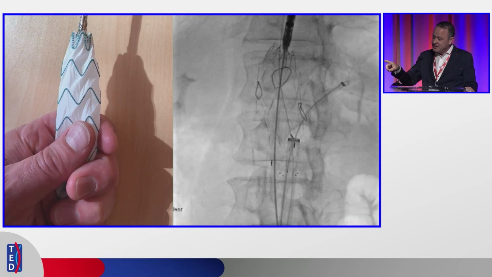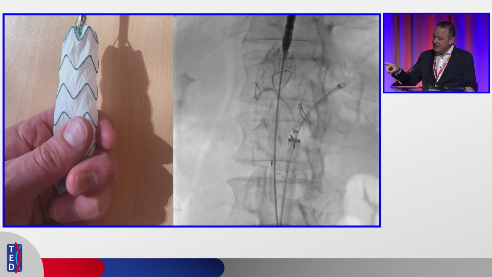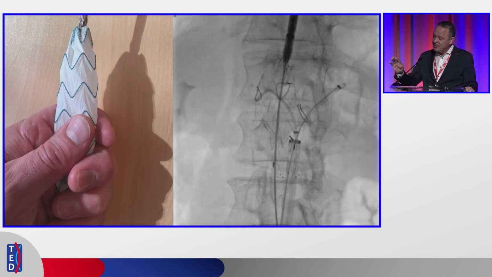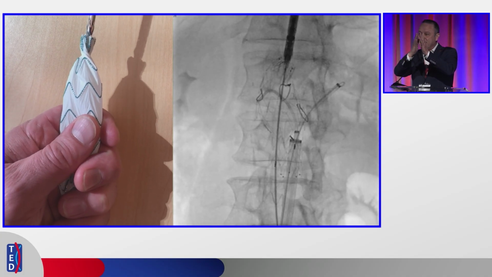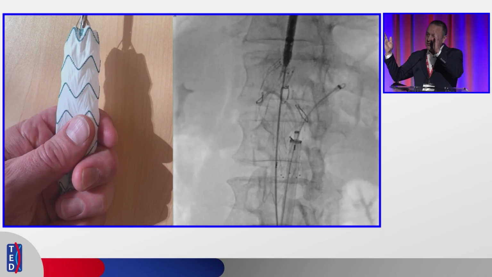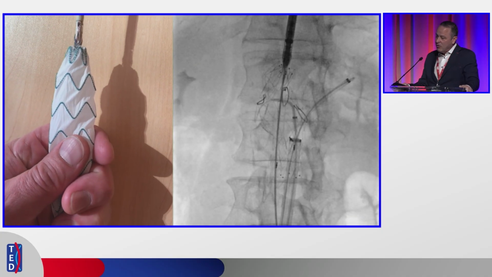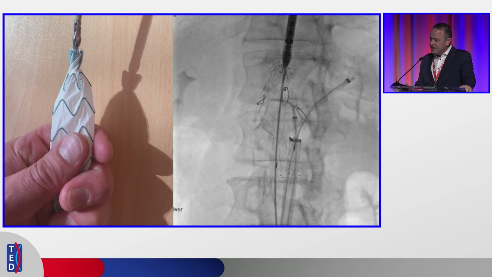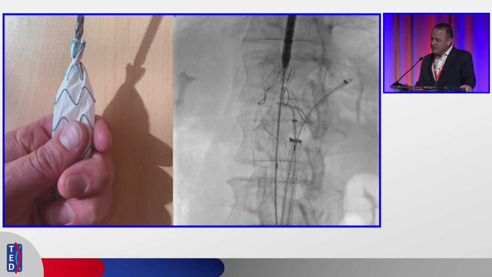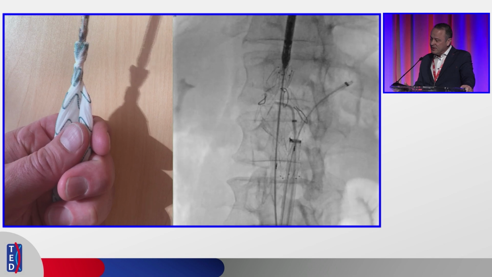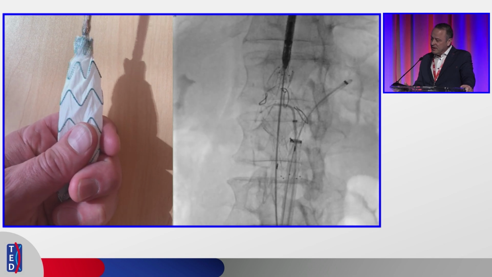The left renal is cannulated. As we collapse the graft down, we move that fenestration away from the target vessel so that we can get a wire out through the fenestration and into the target vessel. You'll see this happens very quickly.